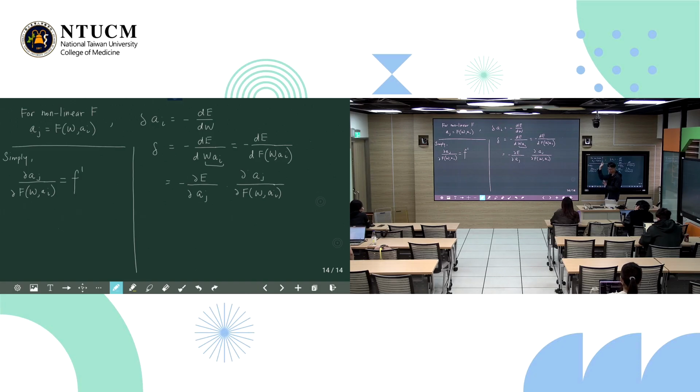This is f prime, so please don't be confused. It is some derivative of the function, right? Because this is the derivative of how the output changes with respect to the input. That is the activation function, f prime, that takes in the pre-activation states.